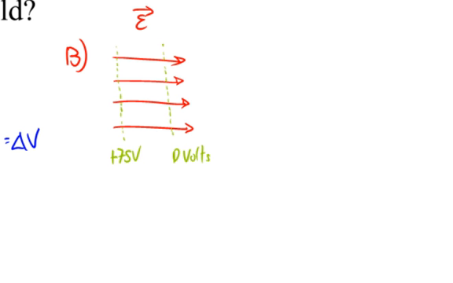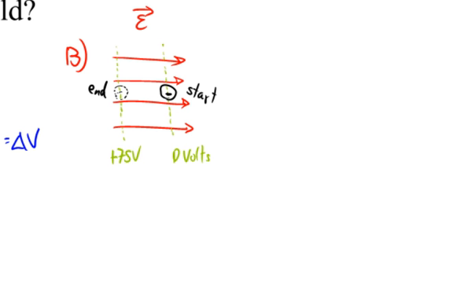Now, into this electric field, I'm going to put a negative charge. That negative charge is going to start at ground potential, 0 volts, and go to the high potential, plus 75 volts. So when the charge moves in this electric field, the electric field is actually pushing the charge in the direction that the charge is moving.